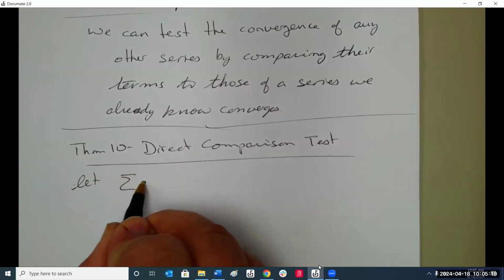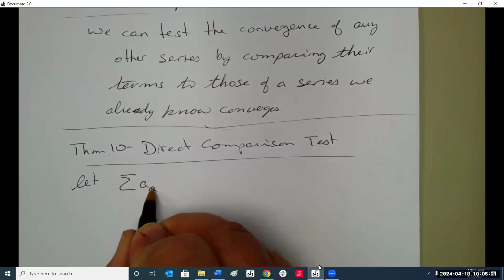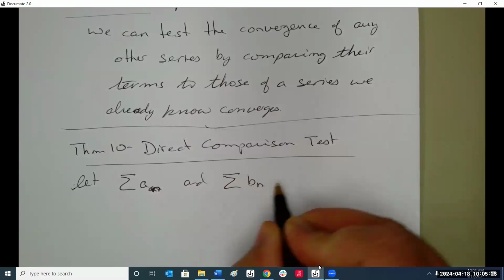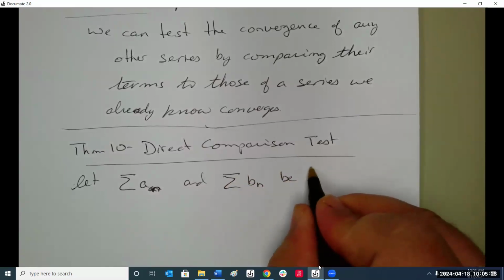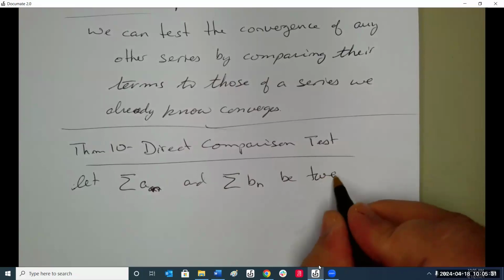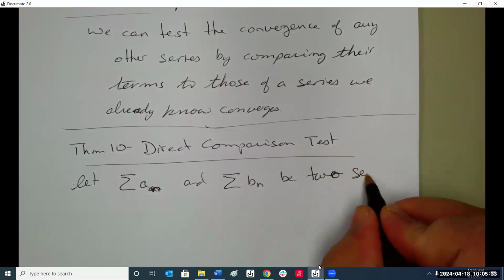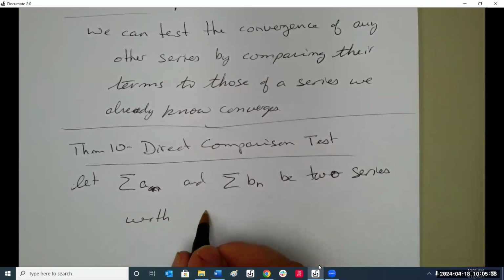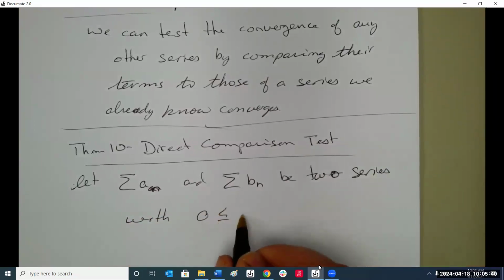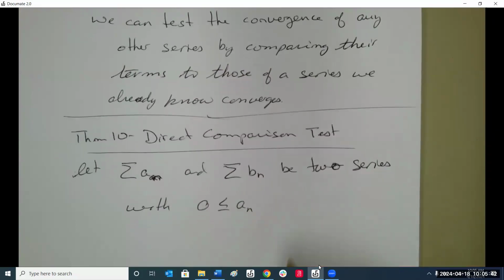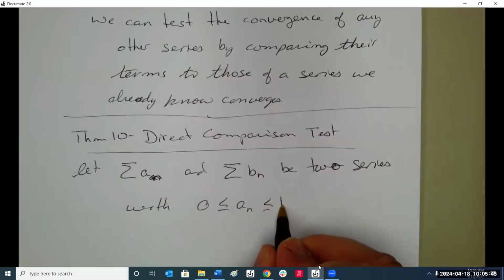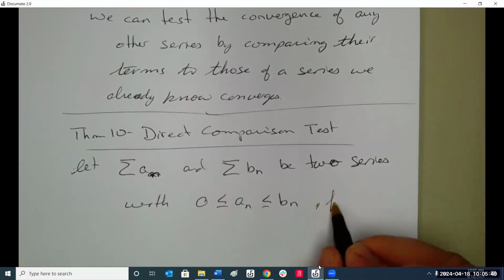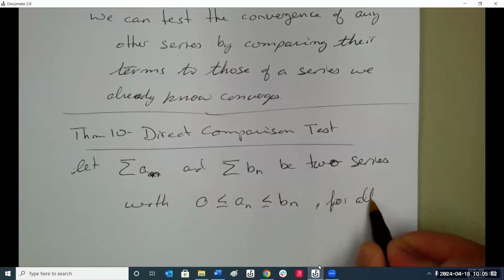Let the summation of A sub n and the summation of B sub n be two series, both positive, where A sub n is less than B sub n for all n.